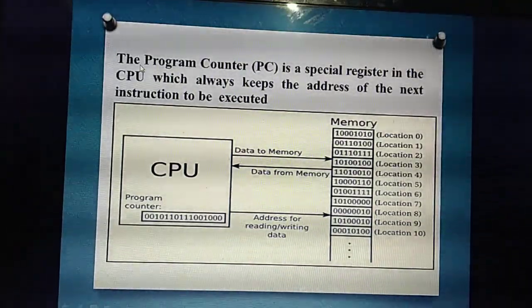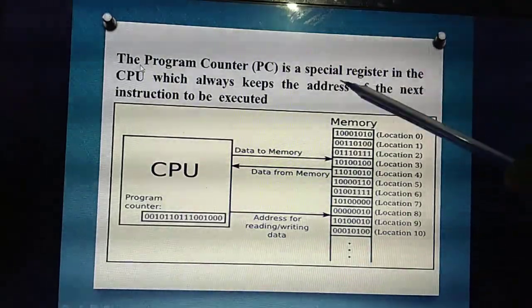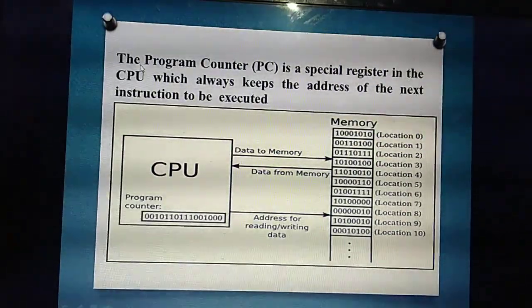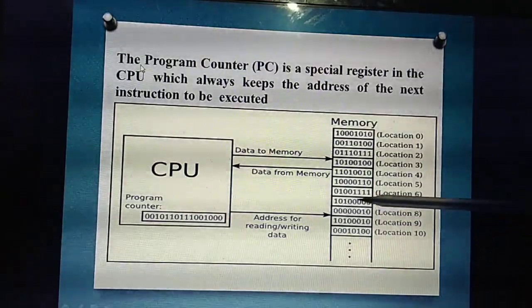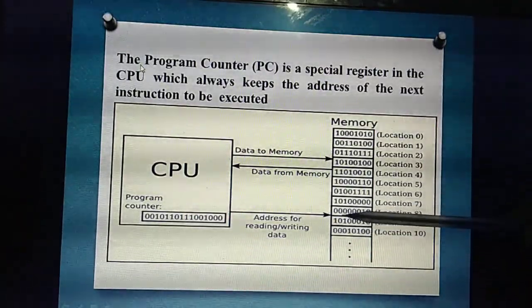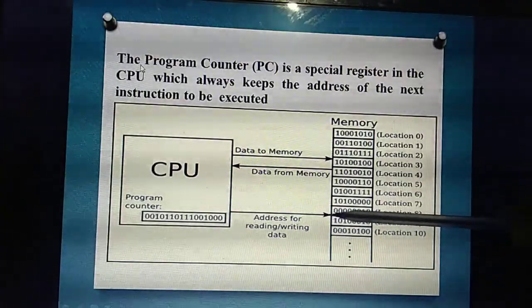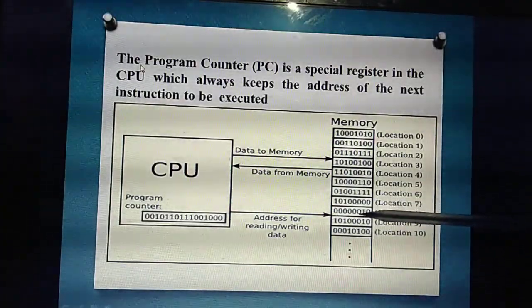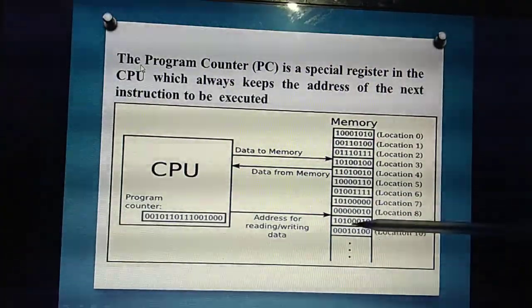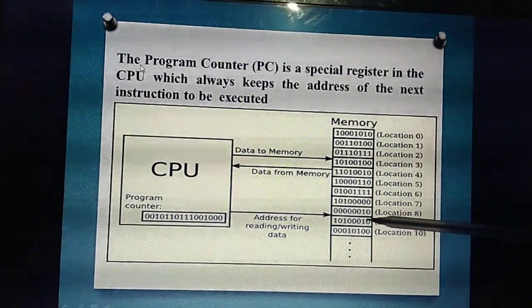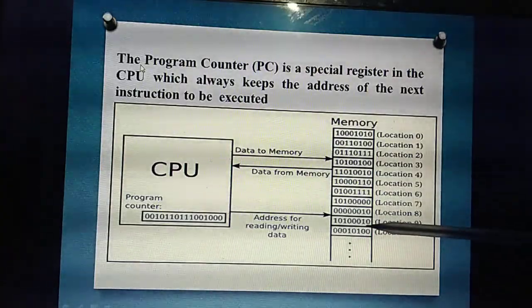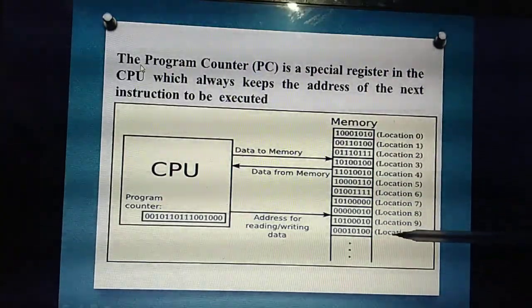What's the use of the program counter? It will always keep the address of the next instruction. For example, this place, where the arrow mark is given, this particular instruction is executing. Say in location 9, a particular instruction is executing, and the next instruction is location 10.